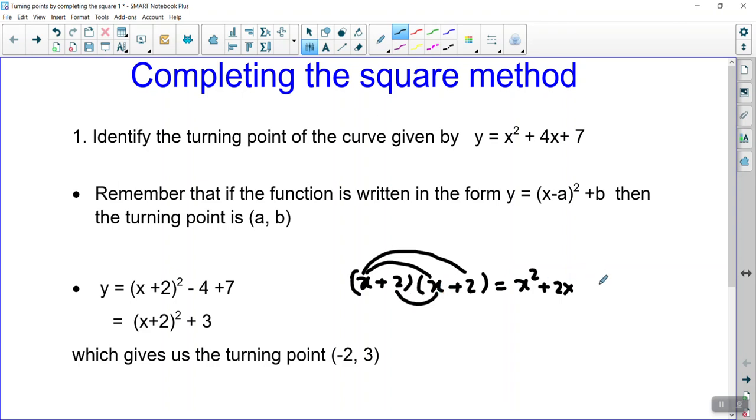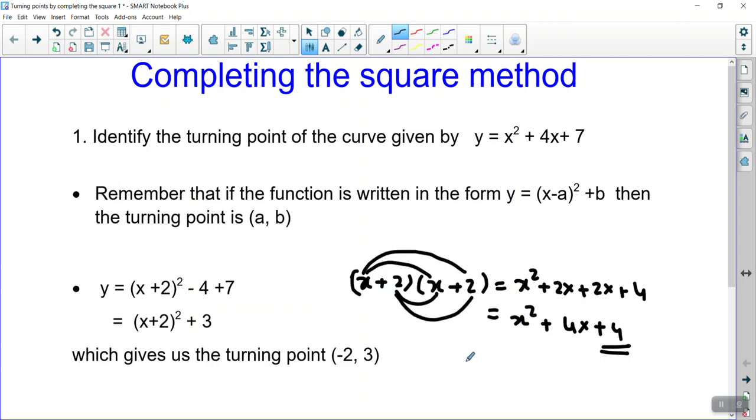Again, 2 times x gives us 2x, and 2 times 2 gives us 4, which gives us x squared plus 4x plus 4. Now if you compare this to the one up here, you'd see that we have x squared, we have 4x, and there is an extra 4 here, which is why we subtracted that extra 4 here.